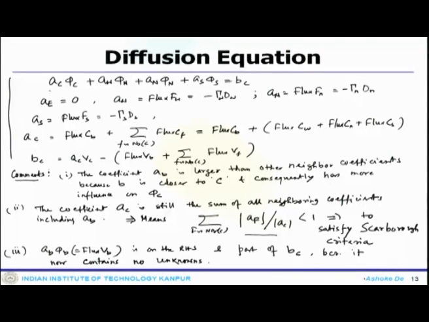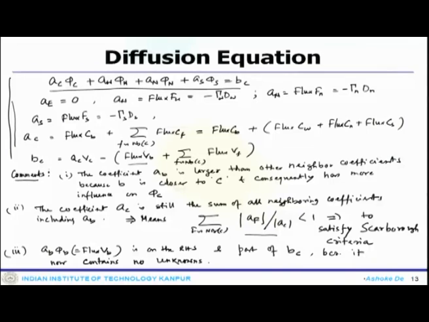So, this is my system that I obtain and these are my coefficients. One of the important observations is that AB is larger than the other neighboring coefficients, because B is closer to C, so it will have more impact on the element C. Then the Scarborough criteria is also satisfied through iteration, and the third one is that now the product AB phi B, which is flux VB, is sitting on the right hand side of the equation because it is no more unknown, all the terms have known values.